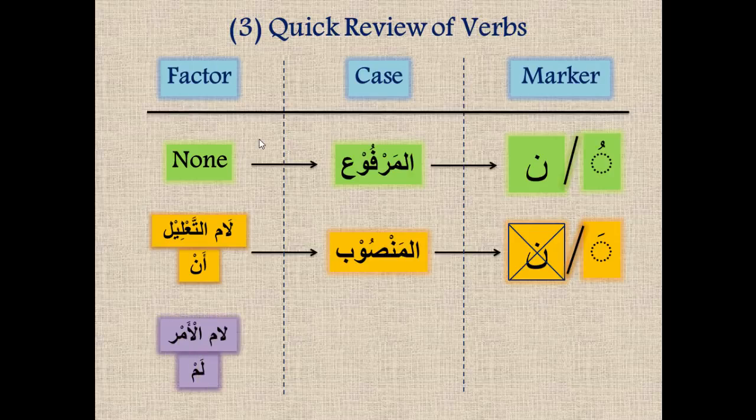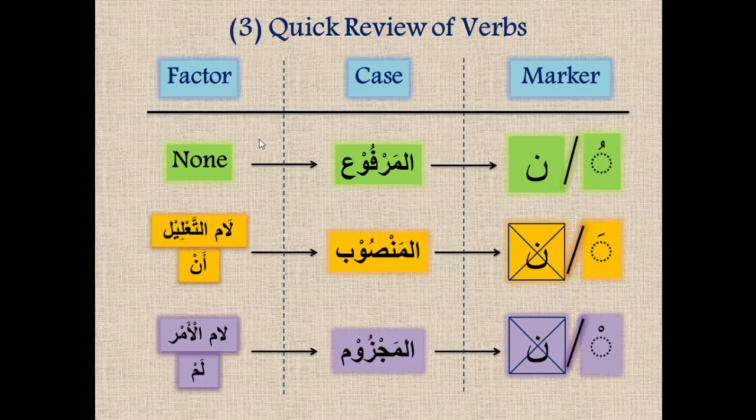And finally, if we see a jazim like lam al-amr or lam, that means we have to use the majzoom case in the present tense, which further means we have to drop the noon or use the sukun. So hopefully this schematic makes intuitive sense, and hopefully you find this helpful.